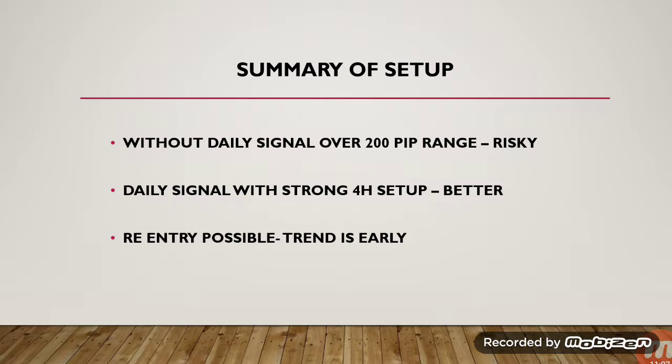So, in summary, this was a situation in which the market was forming a fairly large consolidation setup. Without the daily signal, in a situation in which the daily chart is the one controlling the movement, entry based solely on the 4-hour chart is going to be risky.